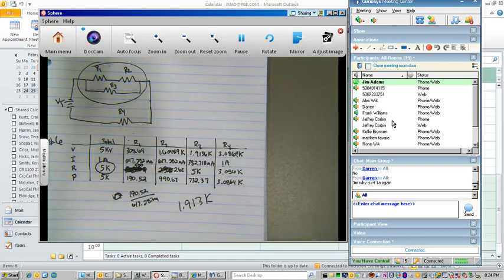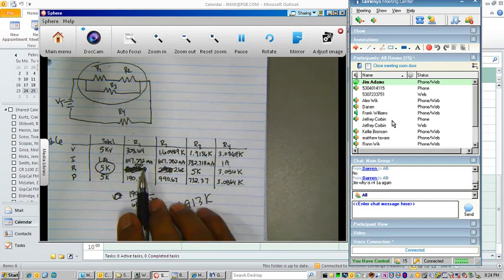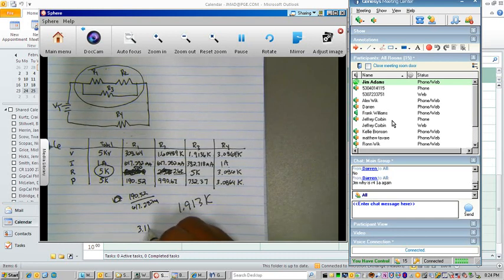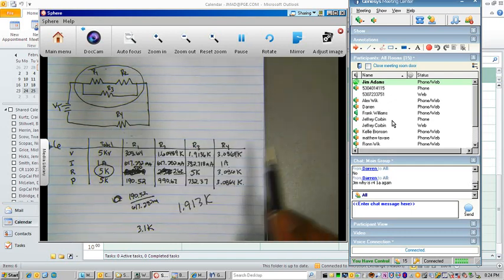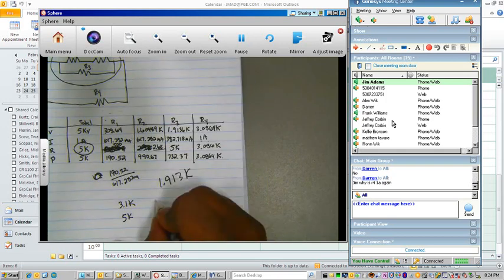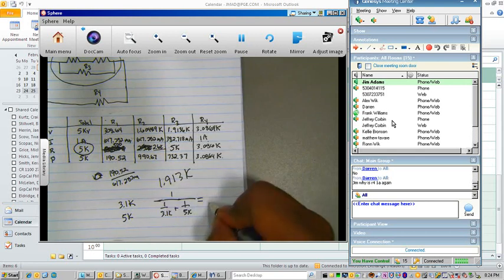So we know R4 is 3.086 K. So this whole branch here has to be 5 K minus 3.086 K. So 5 minus 3.0864 is 1.913 K. So this branch here would have to be 1.913 K for this 5 K to be right. You guys see that? 1.914. Okay.